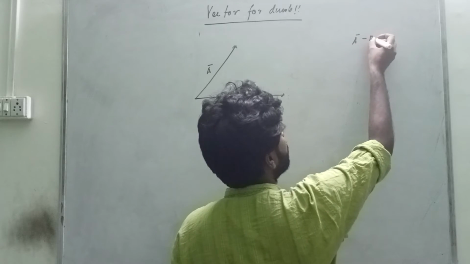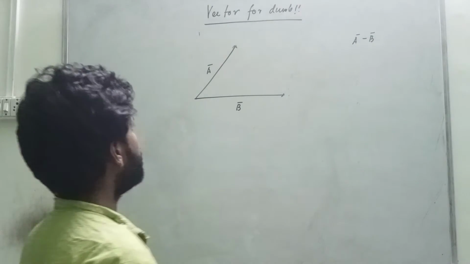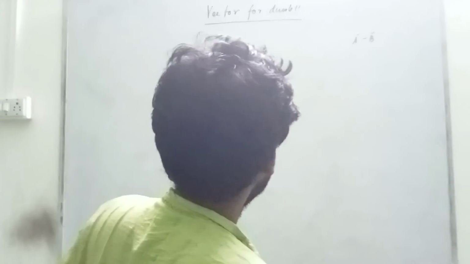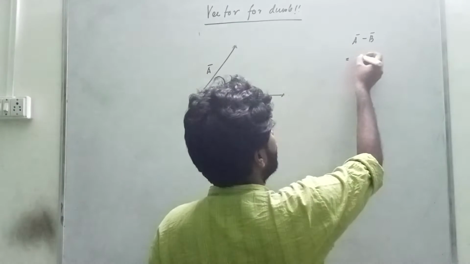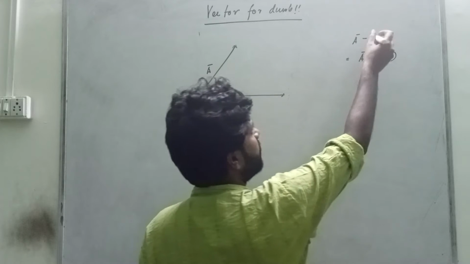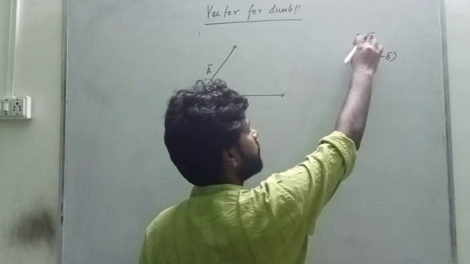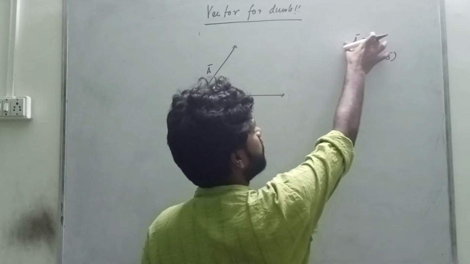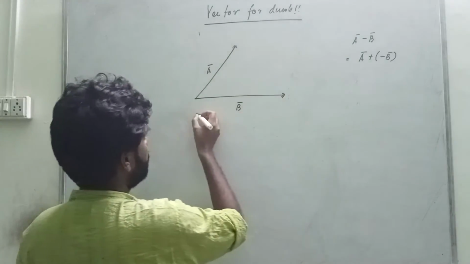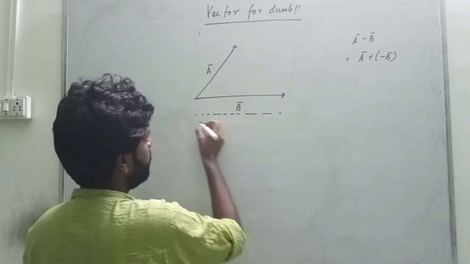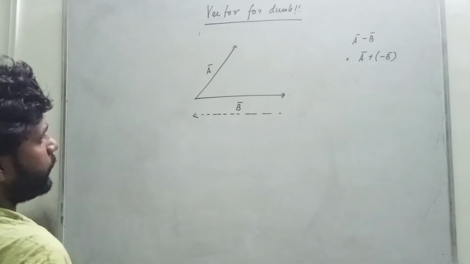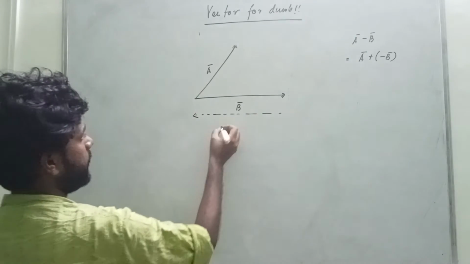A minus B, as all of you know from our previous classes, is A plus of minus B. Plus of minus B means simply minus B. It's very simple. If this is B, then this is our minus B. The length is the same, but the direction is opposite. It is minus B.